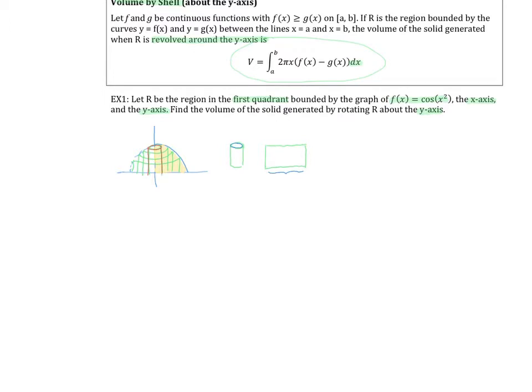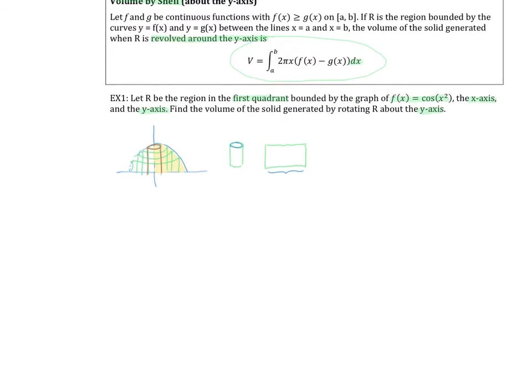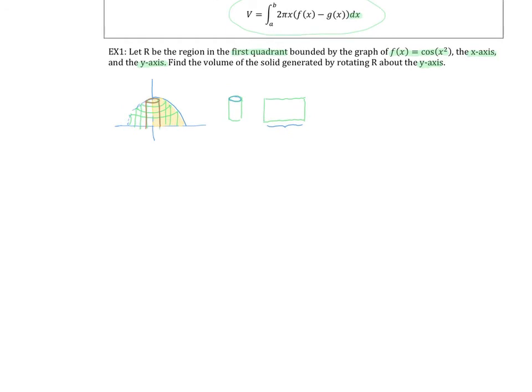So since it's the circumference of the circle, what we need to do to compute the circumference, which is going to be 2 pi times the radius, is we have to find the radius. So our radius corresponds to our x value. So instead of using 2 pi r, we're going to use 2 pi x.